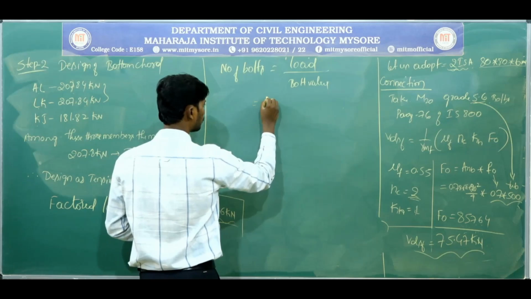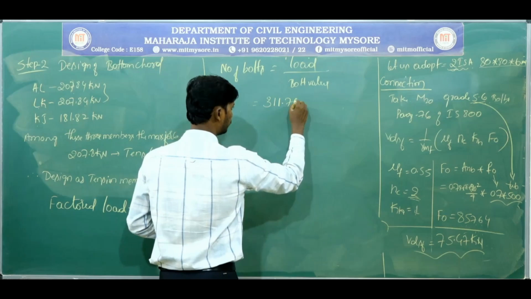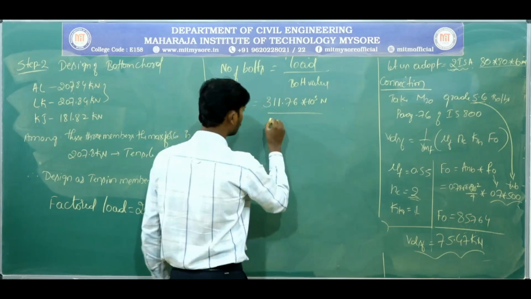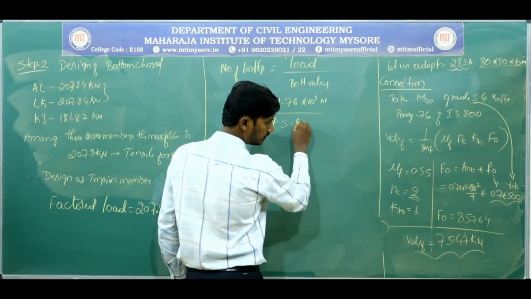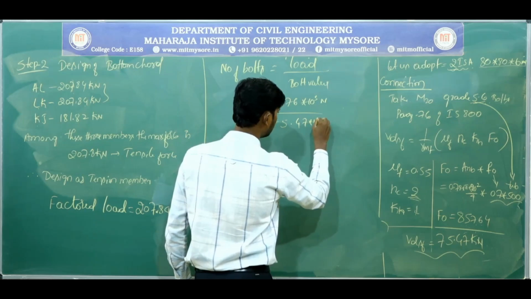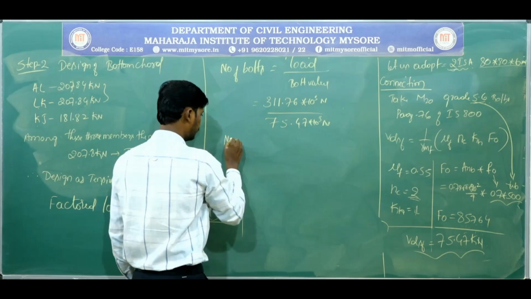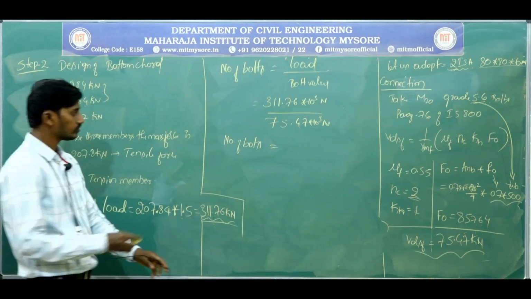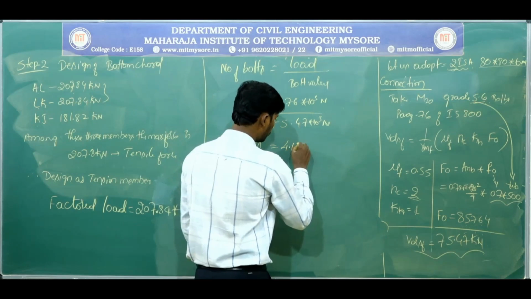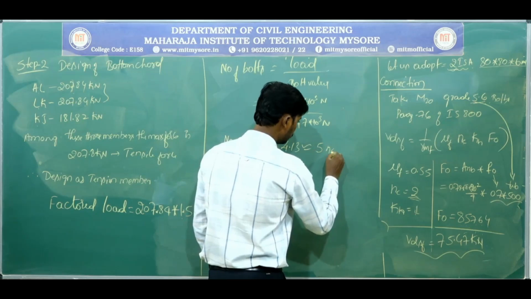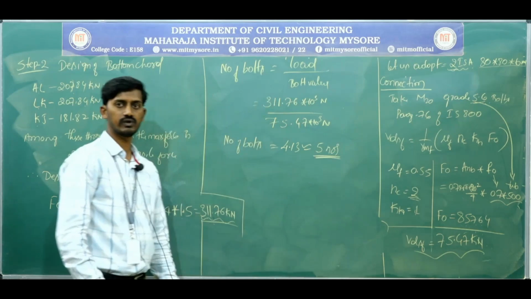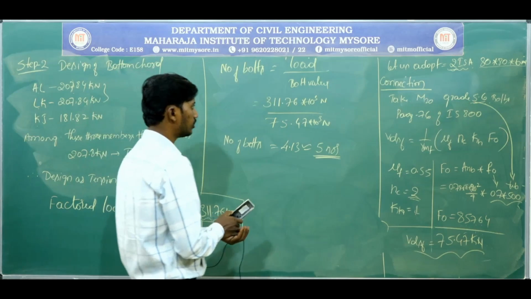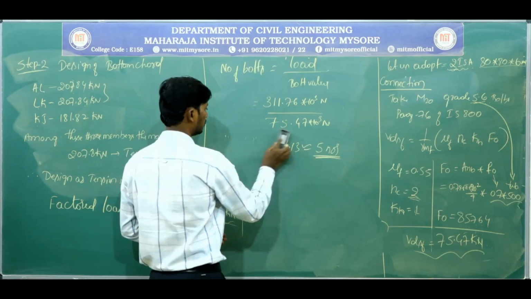Factored load is how much? 311.76 into 10 power 3 Newton, and bolt value is 75.47 into 10 power 3 Newton, and number of bolts required is 4.13. Let us round it off to 5 number of bolts required to fix the tension member. Okay, so how we will place the number of bolts, that is 5 numbers. I'll write it here.